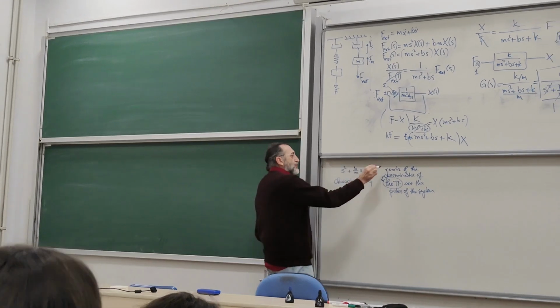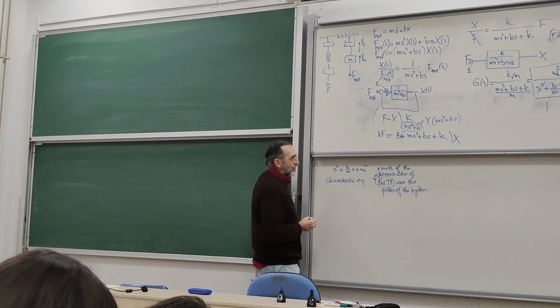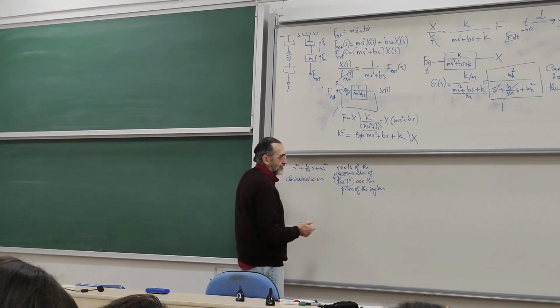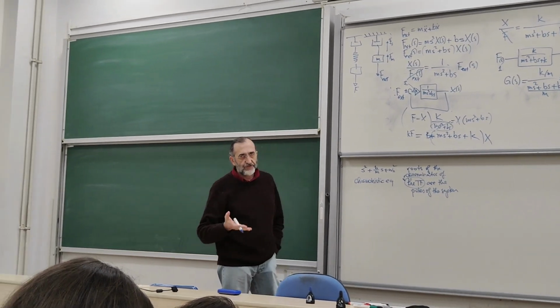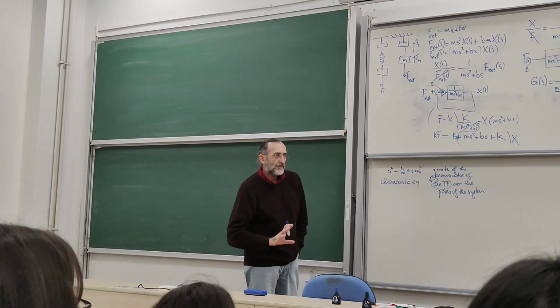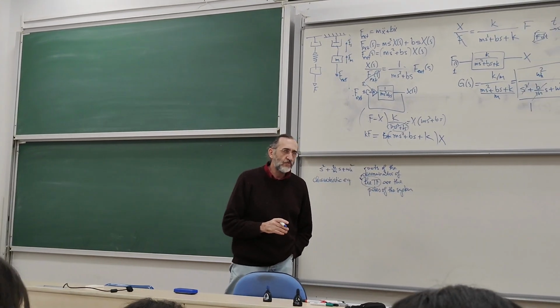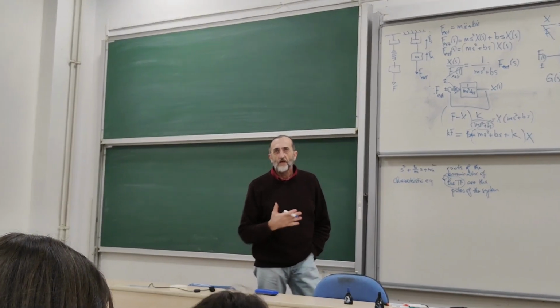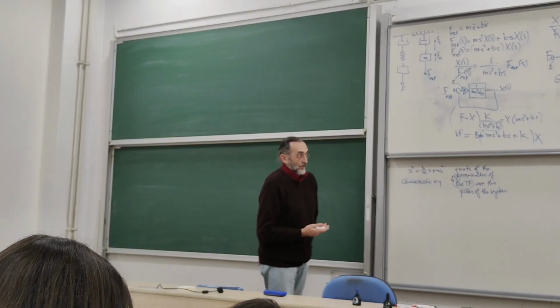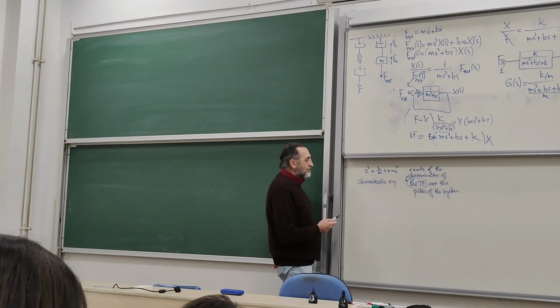So the roots of the characteristic equation are called the poles of the system. Definition. Put it in your mind in a strong way, because as engineers you will use this over and over again in your life if you want to invent this system.